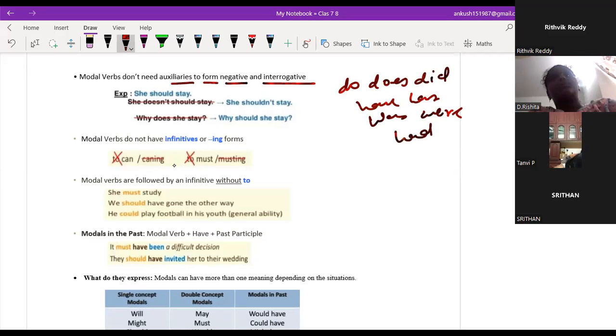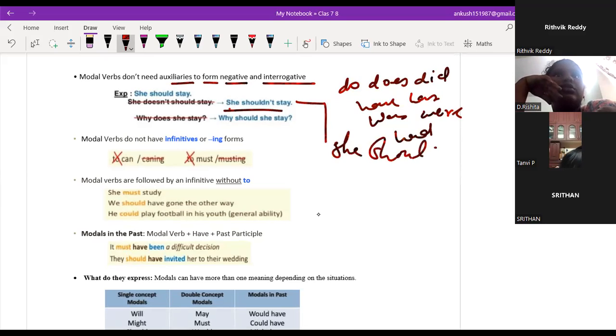These primary auxiliaries are not needed by modals to make the negative and interrogative. So directly you may make the negative and interrogative of this. She shouldn't stay. What is the expanded form of this sentence? She should not stay.